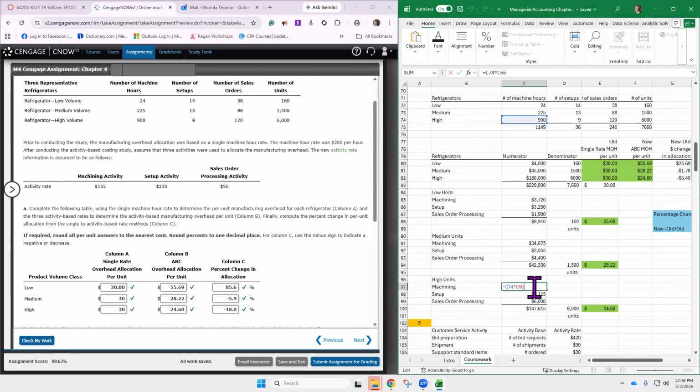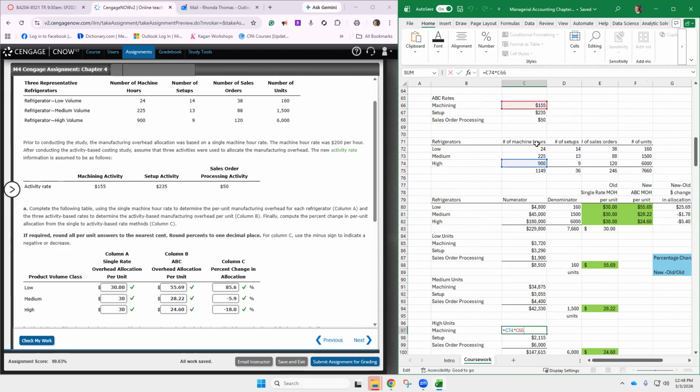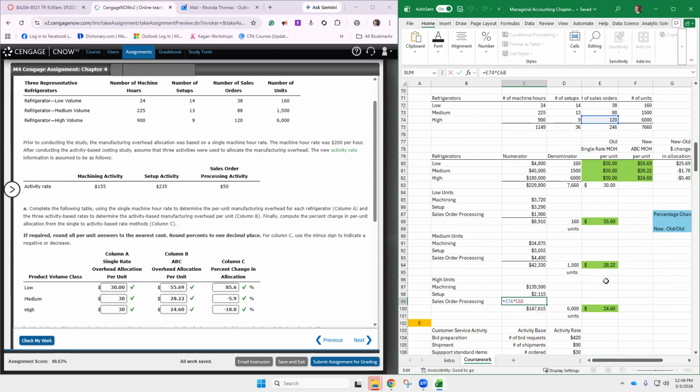Okay, the last one is the high volume units. So machining, there's 900 machine hours times 155. Setups are 9 setups times 235 and sales orders of 120 times $50 a piece. But they've got quite a few more units to spread out this amount. Yes, it's quite a bit more in overhead, but it's spread out over 6,000 units, right?